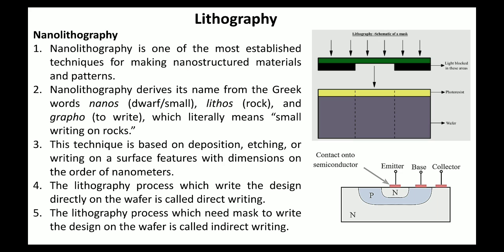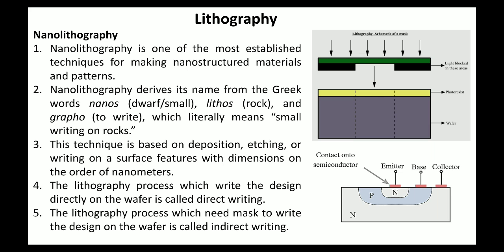Then you need a mask. This is an indirect writing method for lithography. You have a mask, you use that mask on the photoresist, and the light is illuminated from the top.